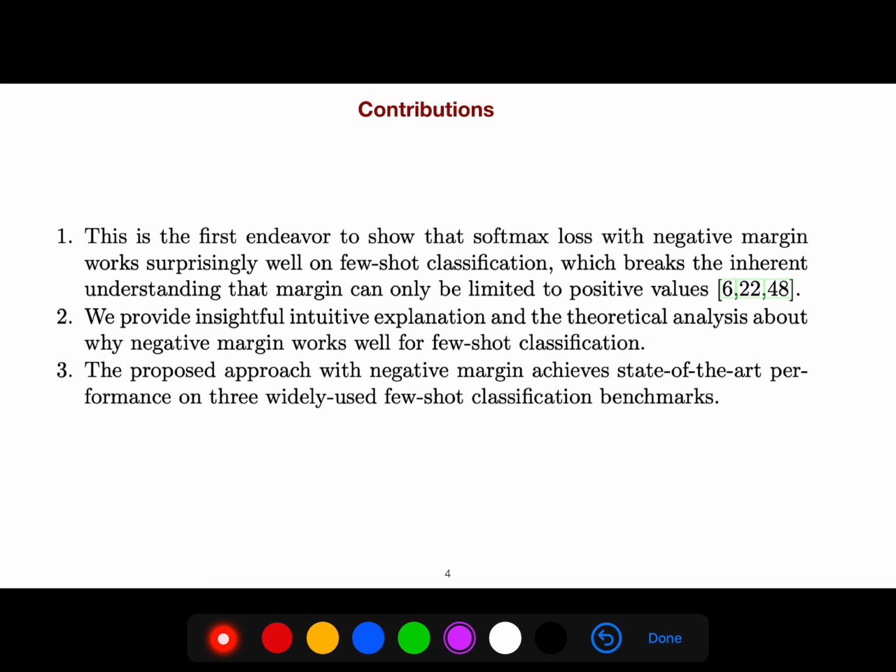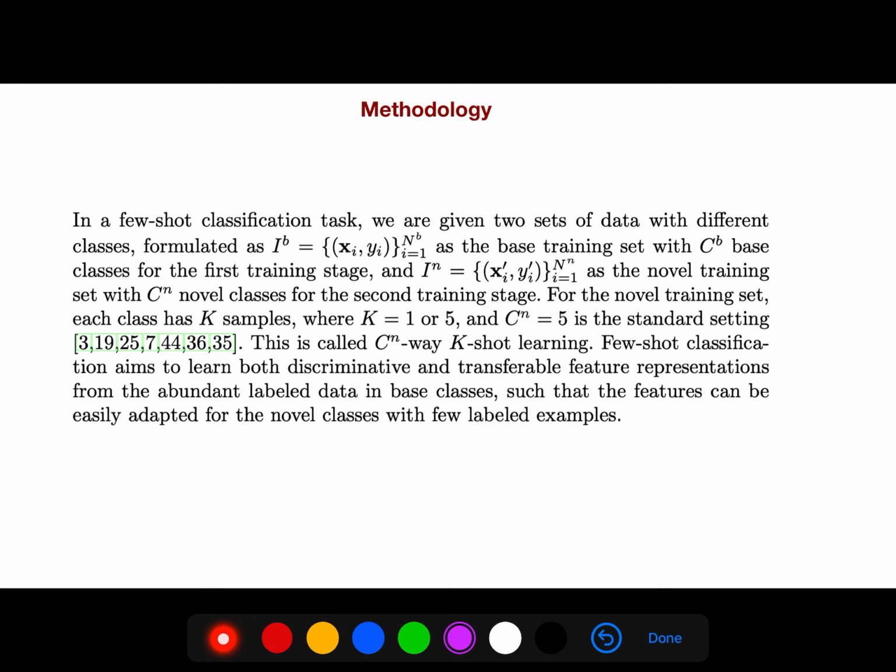We provide an insightful, intuitive explanation and a theoretical analysis about why negative margins work well for few-shot classification. The proposed approach with negative margin achieves state-of-the-art performance on 3 widely used few-shot classification benchmarks.